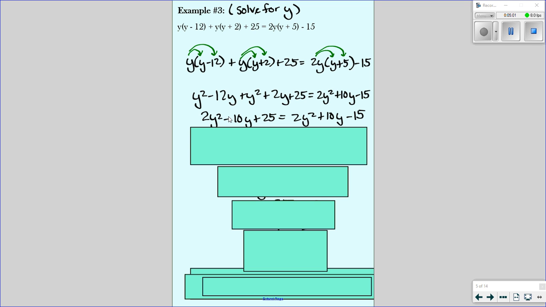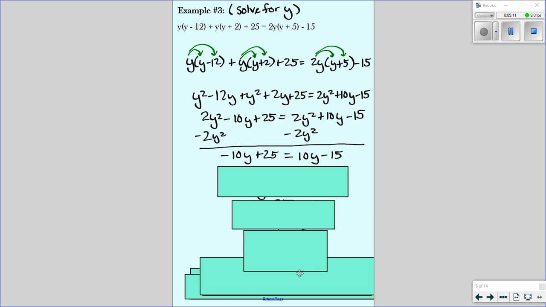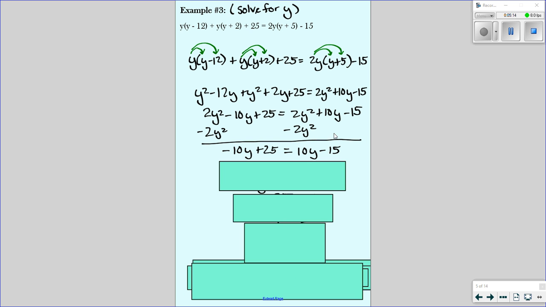So third step, did that. Now I can start moving elements to one side and then coefficients, meaning the numbers, to the other side. So the first one, I moved the negative 2y to the other side, and it cancels out in both sides of the equation. So I'm left with negative 10y plus 25 equals 10y minus 15.